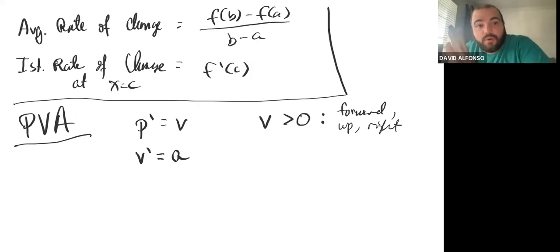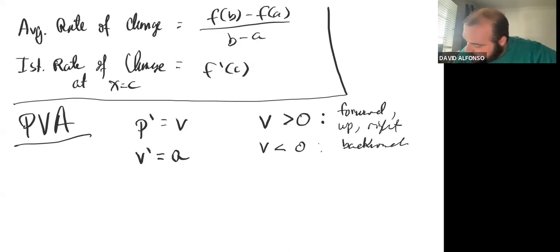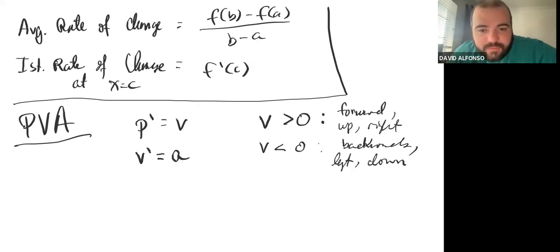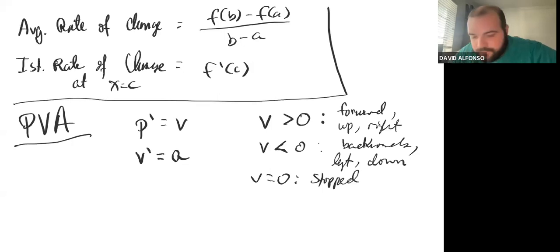So position is growing. If you're on the x-axis and the values of x are growing, you're moving to the right. If you're moving on the y-axis and the values of y are growing, you're moving up. It depends on the context of the problem. If the velocity is negative, that means you're going backwards, left, or down, again depending on the problem. And if the velocity is equal to 0, that means you're stopped. You're not moving.